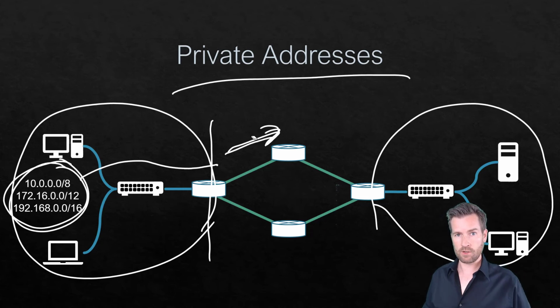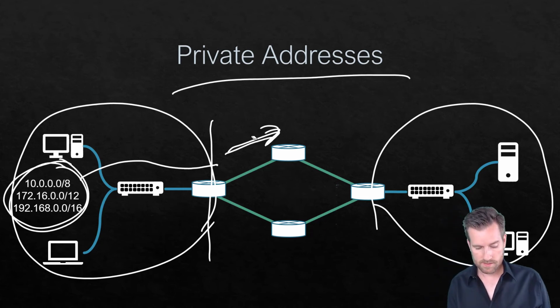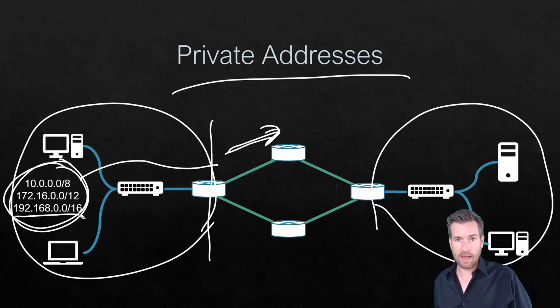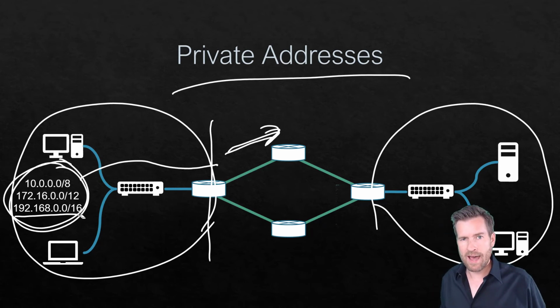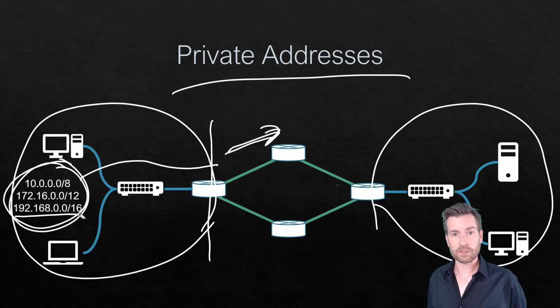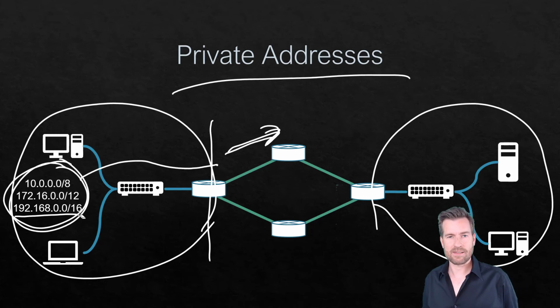If you look on your computer at home, it will probably be somewhere in the 192.168 range, and that third octet would probably be a 0 or 1. I've seen some exceptions, but for the most part, that's the range that gets assigned to your home networks and to a lot of small businesses.